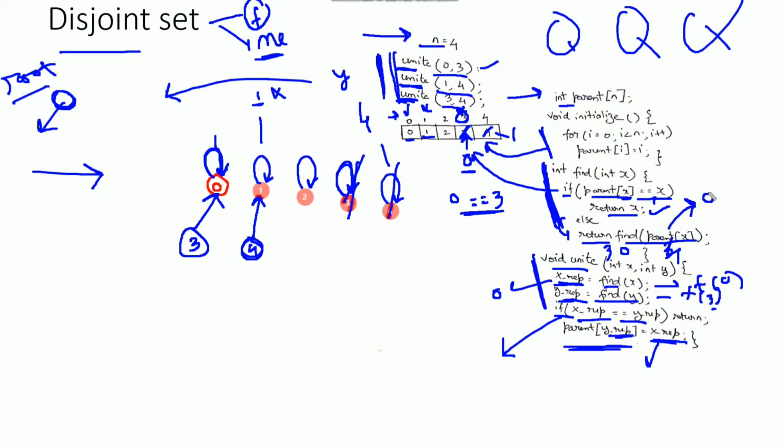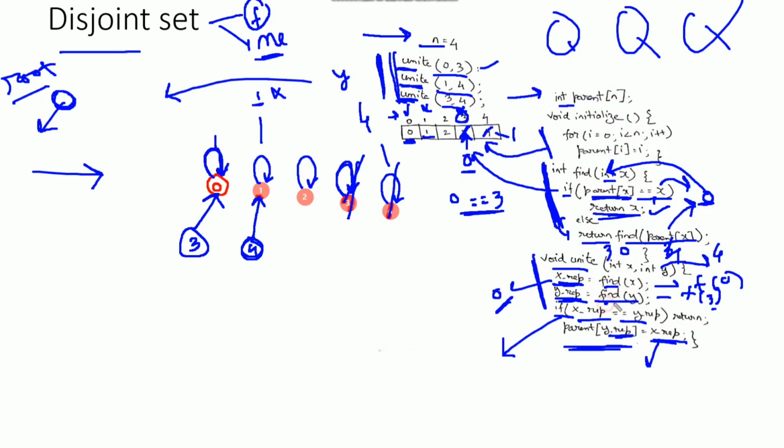The parent of 3 is 0, so it will return 0 as a recursive call to the find function, and the parent of 0 is 0, which is equal to the value of x, and the value of x is 0. Then control will come to this if statement and it will return 0. So basically the x representative is 0.